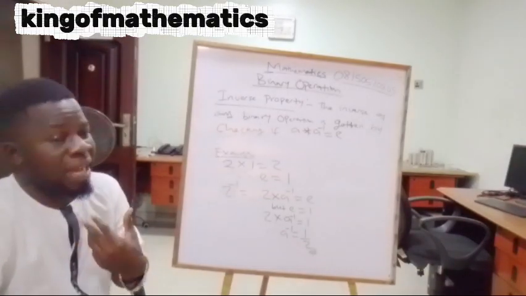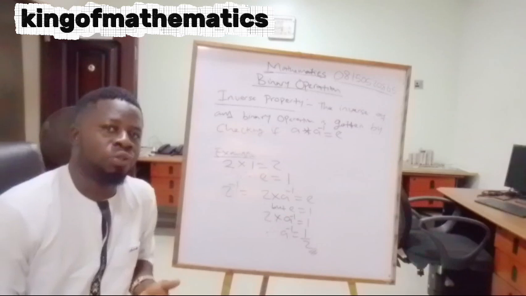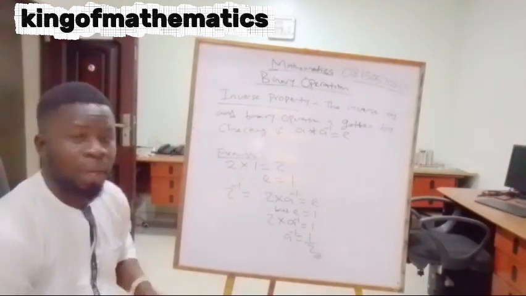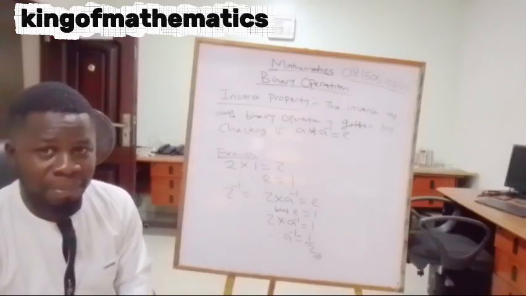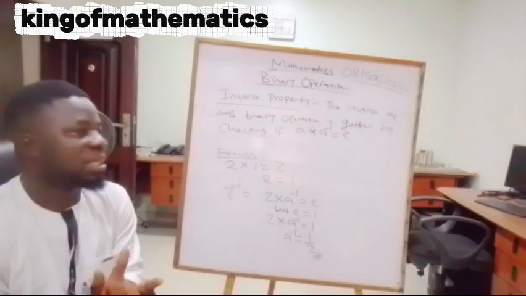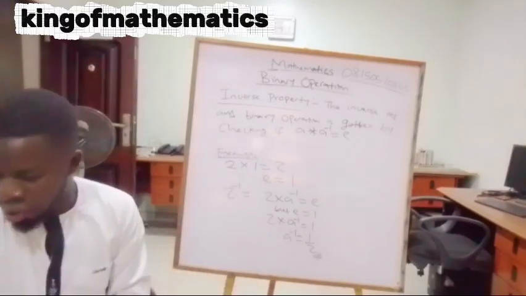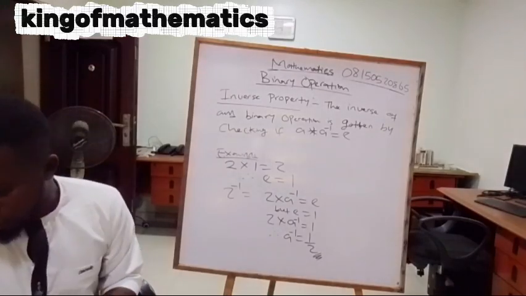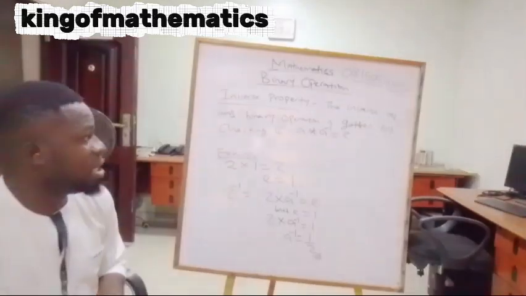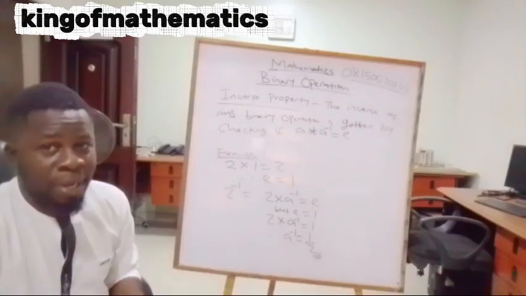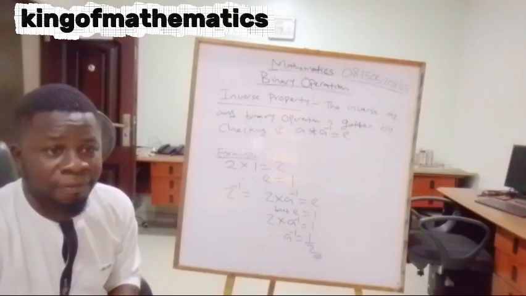I believe in part 2, I will be doing more questions on past questions and the way they are being set, so you get to understand this more. The last property that I would write here is the distributive property, so I will be ending the class on it.